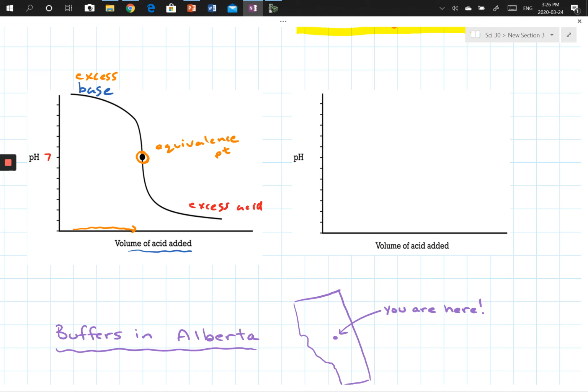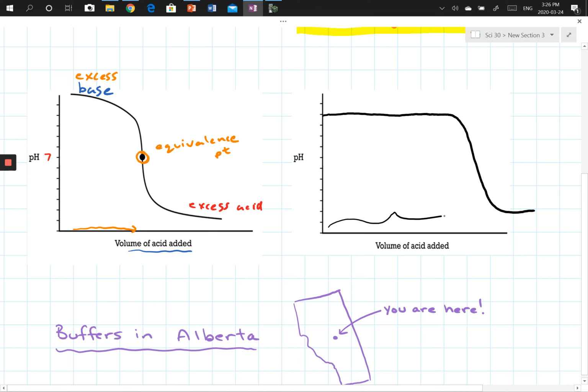The positive of having a buffer in your soil or in your water is that this section of the graph that I'm drawing right now is going to be a lot longer. Basically, that means I can add more acid to my water or my soil without affecting the pH. And this is really good.